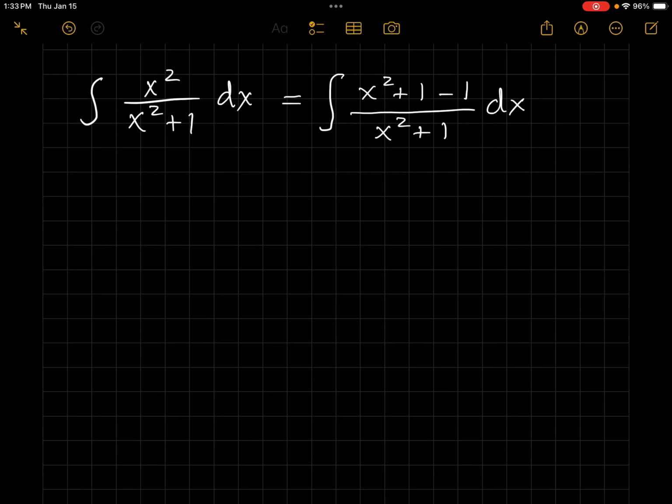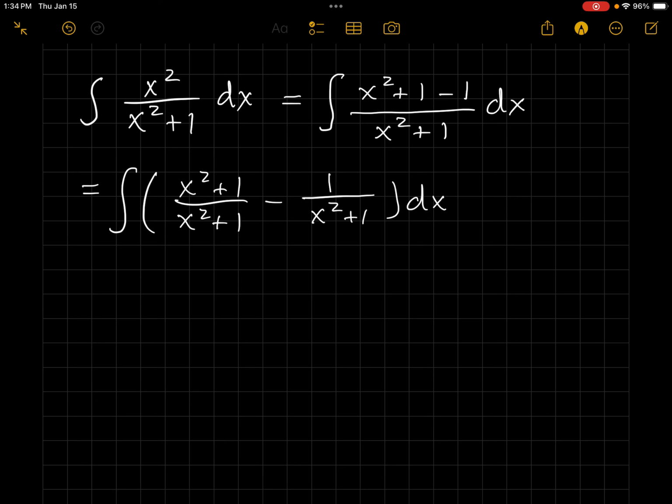If I add 1 and subtract 1 on the top, we add 0, which doesn't change the expression. But this allows me to rewrite my integral in the following way. I'll do this extra step so we can see where it's coming from. We can split up a numerator in a way that we like.